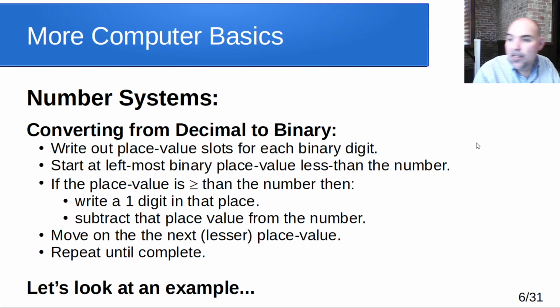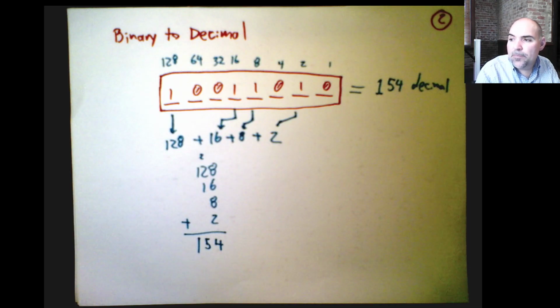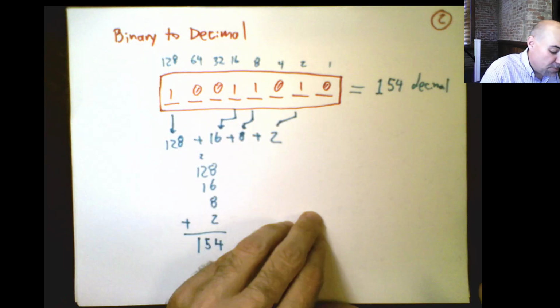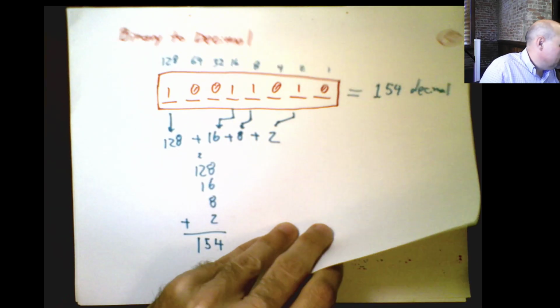So let's go back and do that example that we had done previously, but let's go the other way. So I'm going to switch to a new page here. This is going to be page 3.